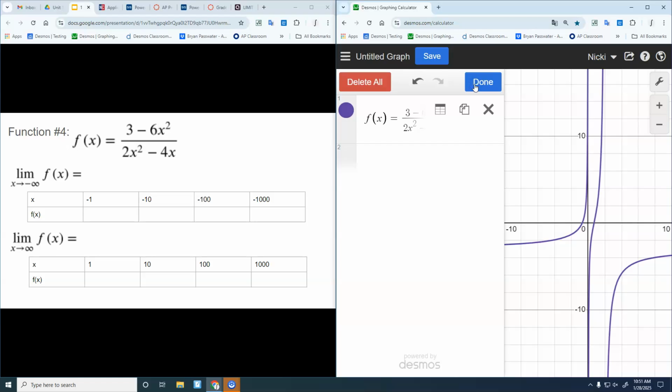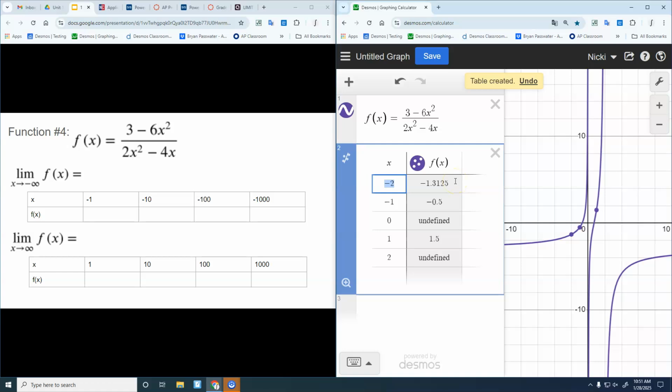There's a better way than what I was doing. I forgot about this one. You can do what I did before, but if you hit the gear right here, there is a table button, and it automatically does it for you. So that is a better way to get there.